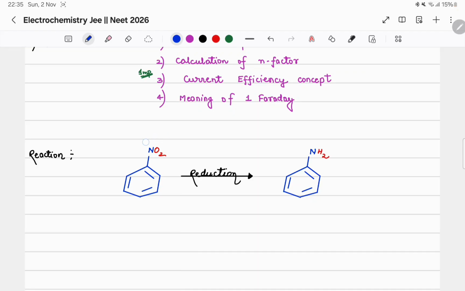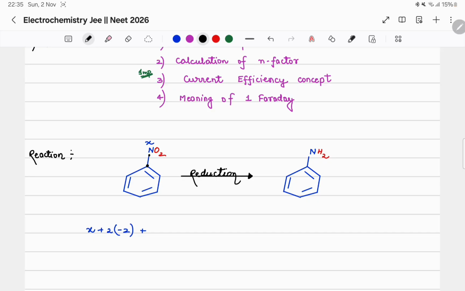I am assuming the oxidation state of nitrogen is X here. So X, and how many oxygen are there? 2 oxygen, so 2 multiplied by -2. And one more thing that is very important: nitrogen and carbon, who is more electronegative? Nitrogen.